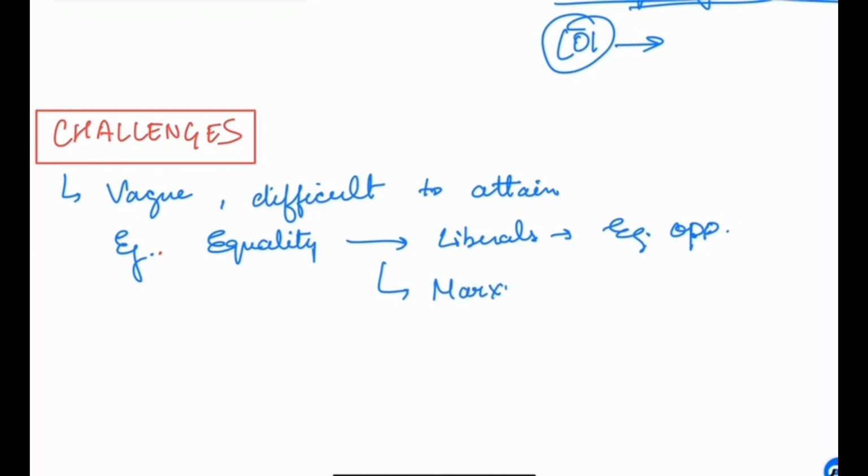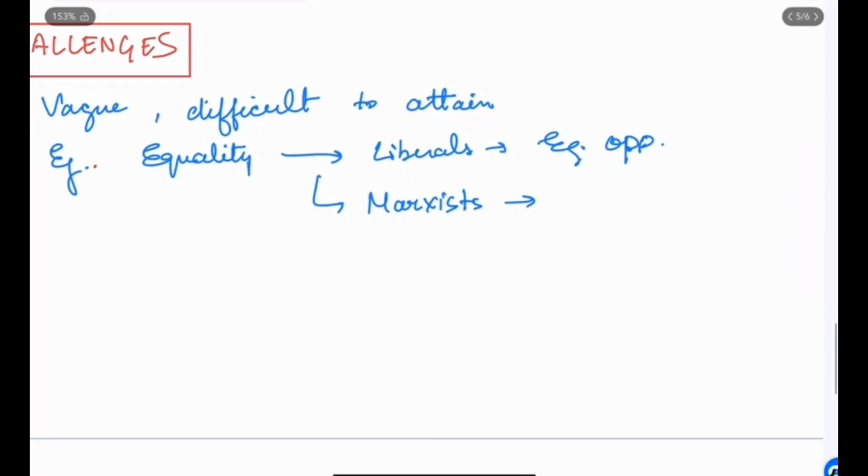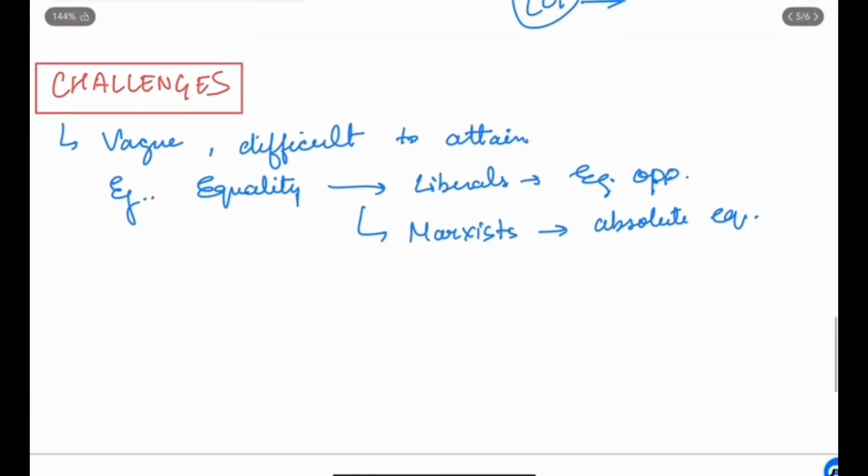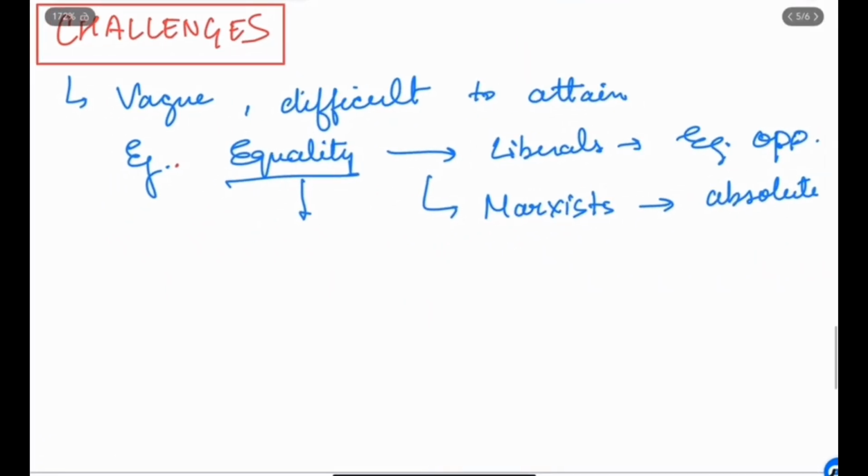Marxists would say absolute equality, complete redistribution of wealth, right? So there is no defined definition of equality in the constitution itself. In some places, our constitution does expand on it a bit, but there is not a clearly defined definition.